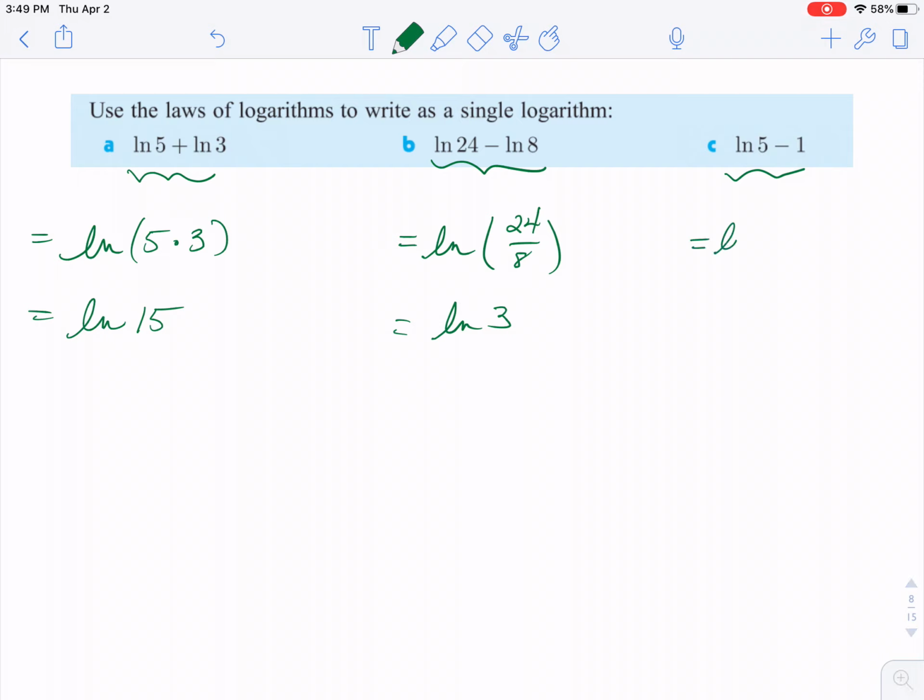We need to remember we have ln of 5 minus, what can I rewrite the 1 as? 1 times the ln of e, same base. ln is base e and e is base e. Subtraction means that we rewrite it as a division in a single logarithm. So we're going to do 5 divided by e. And yes, e is a number, so you can treat it just like everything else. And we can write it as ln of 5 divided by e. So again, now we're into that process of rewriting as a single logarithm.